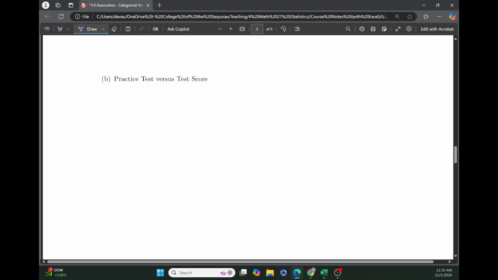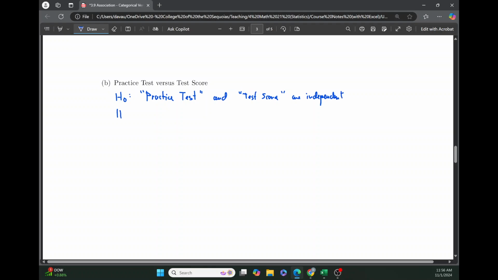Part B wants us to compare practice test versus test score. So we want to know if practice test and test score are independent, or if maybe there's a dependent relationship between those variables.